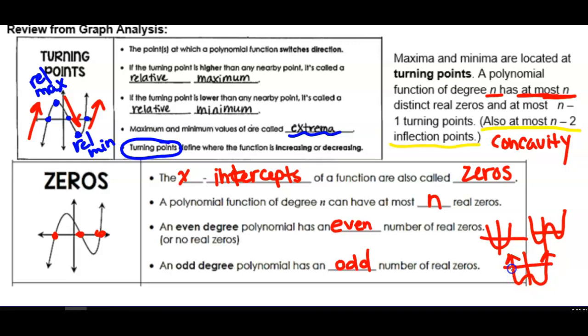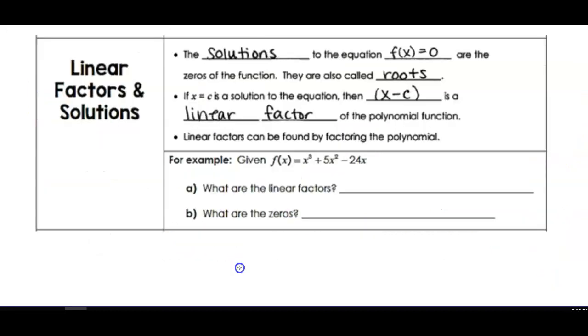So this could be a degree 4 polynomial, but it would have 2 zeros. Basically, guys, an even degree means both ends are going the same way, so eventually it's going to cross at least twice. And an odd degree means both ends are going opposite directions, so it's going to cross the x at least once.